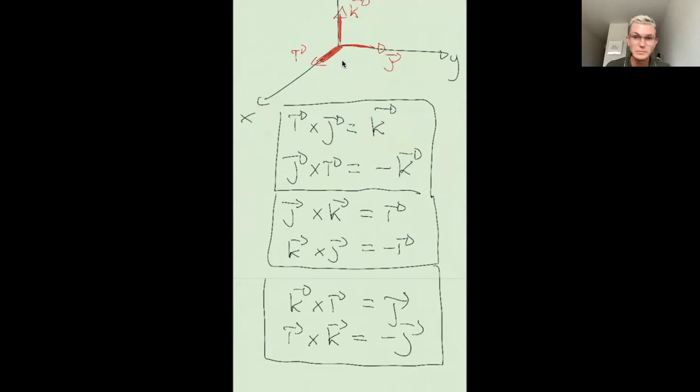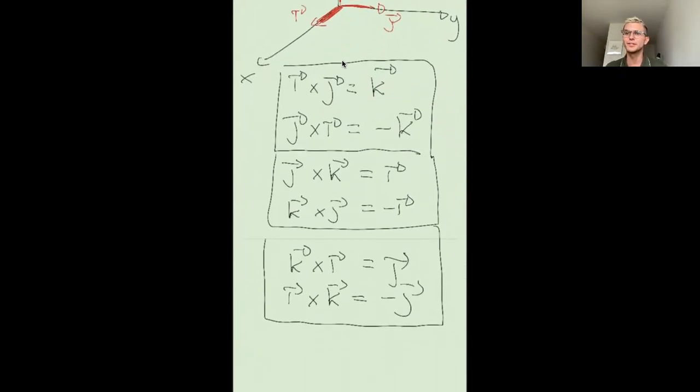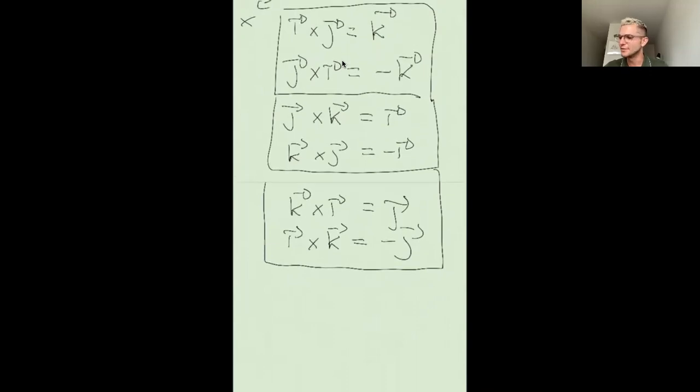Isn't it like a circle that you can draw? Yeah, that's what I was going to say. If you're overwhelmed by all these formulas, you draw i, j, k in a circle or triangle.